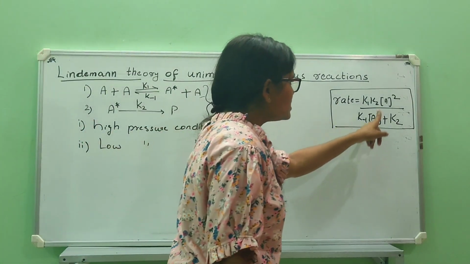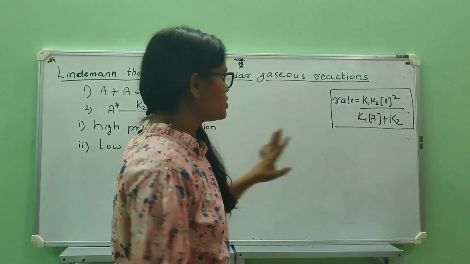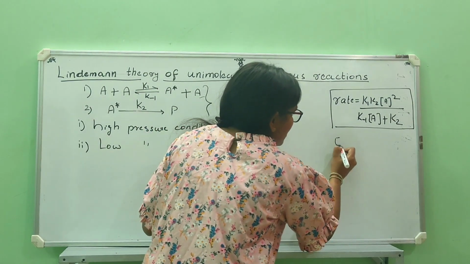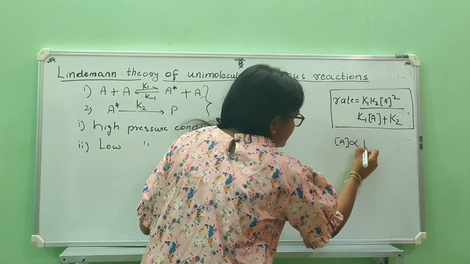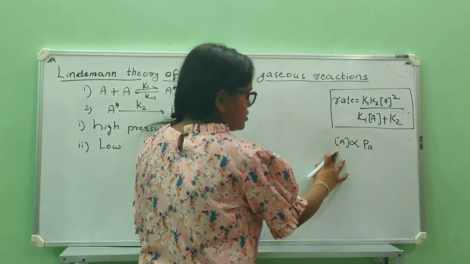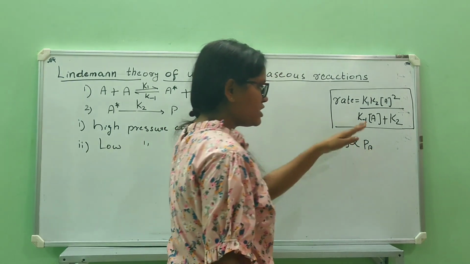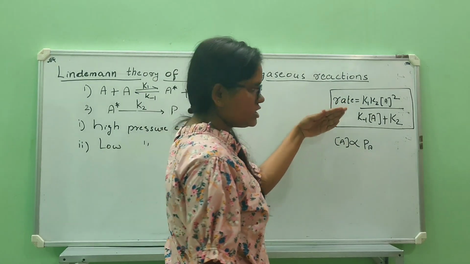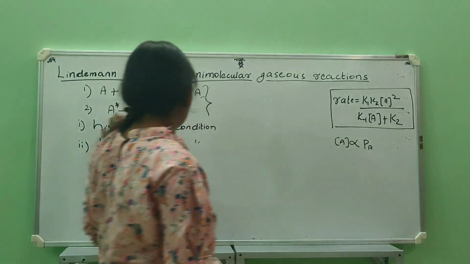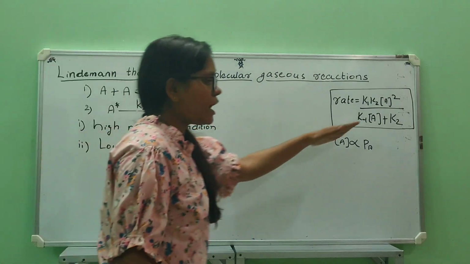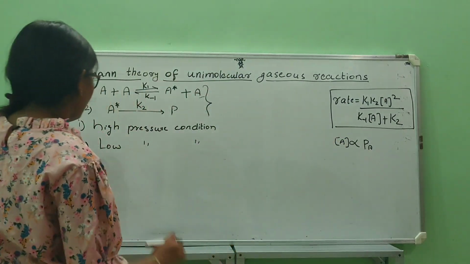We know that this A is a gas molecule, and for gas molecules, concentration is analogous to pressure. That is, as pressure increases, concentration increases. So high pressure condition means nothing but high concentration of gases.